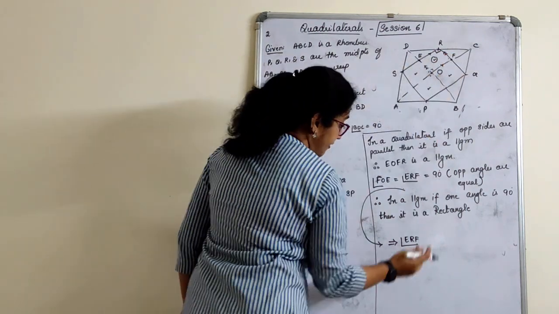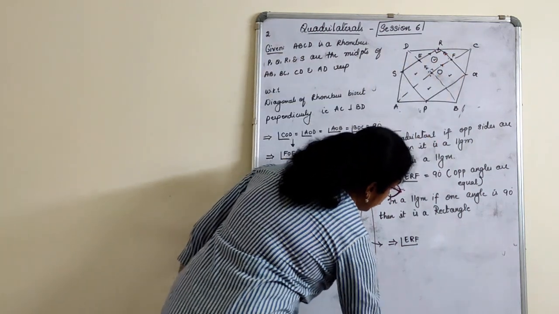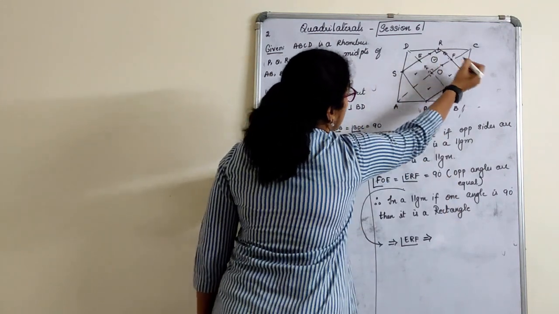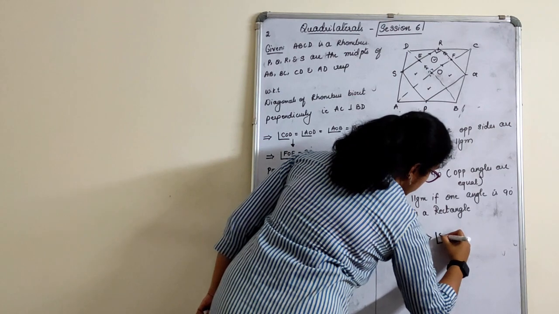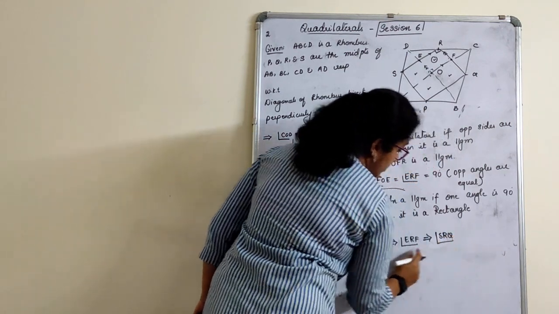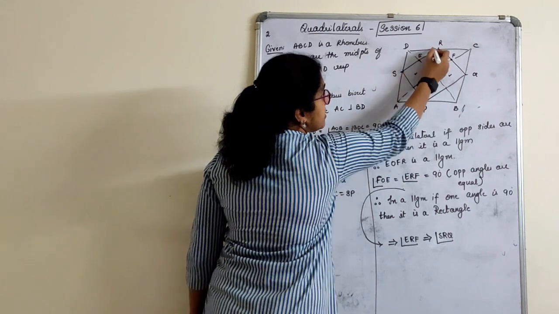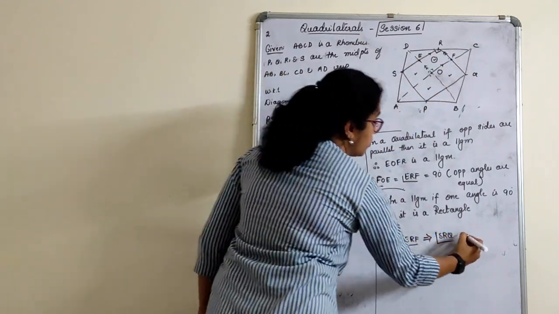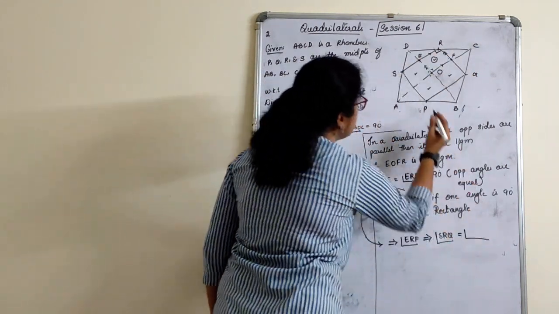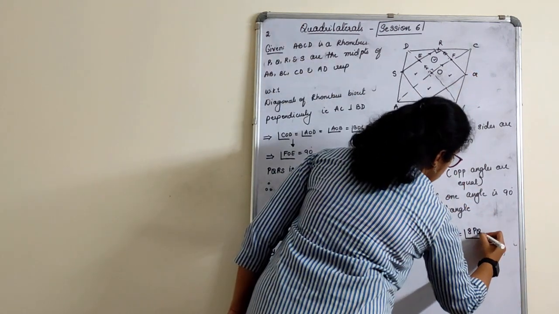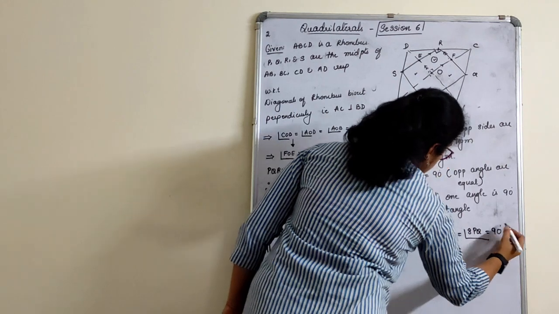Angle ERF can be written as SRQ, correct? ERF is written as SRQ, which is equal to angle SPQ. That is equal to 90.